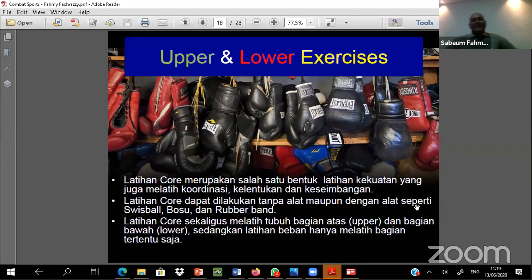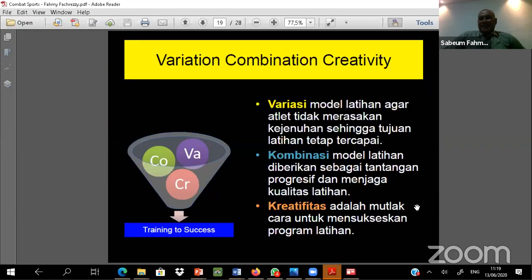Okay, next slide. Three principles for me, maybe the same as the old coach. Variation. This is a point for athletes, because athletes get bored easily. Number 2 is combination.